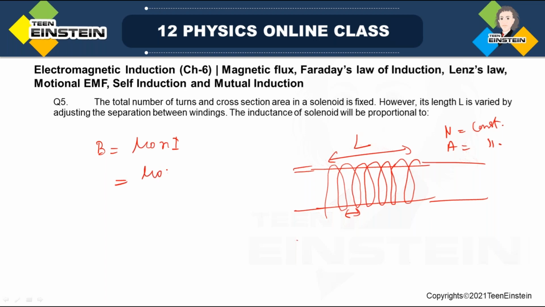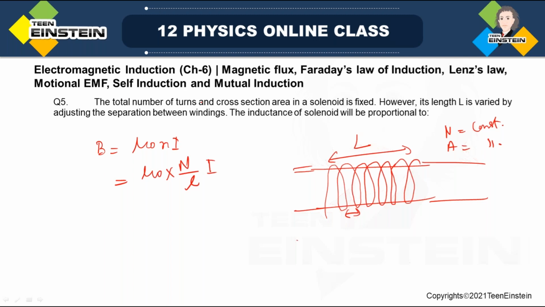Mu0 is the permeability. Capital N divided by L into I. The total number of turns is constant, that means N is constant.